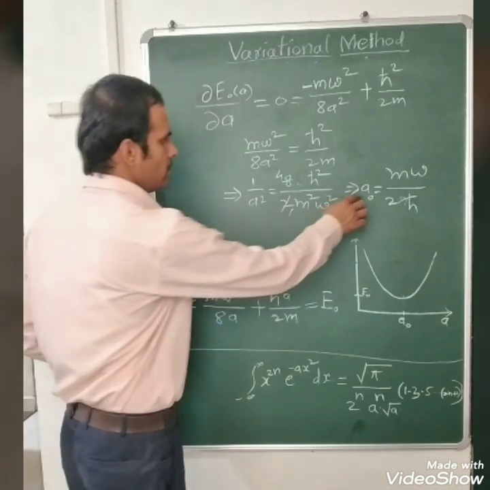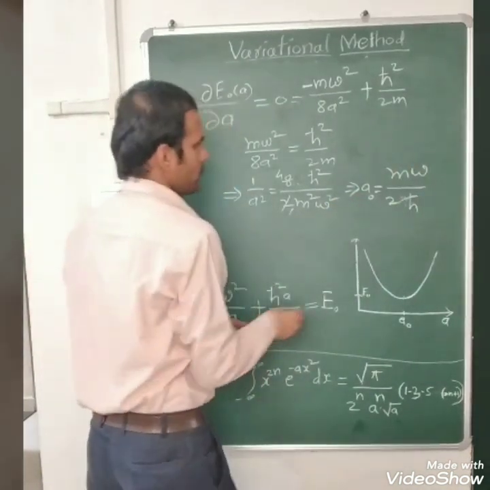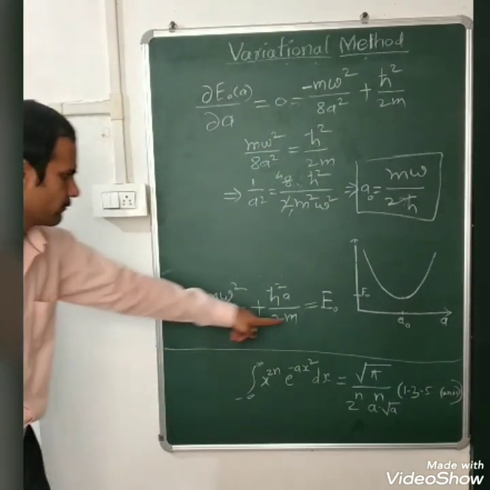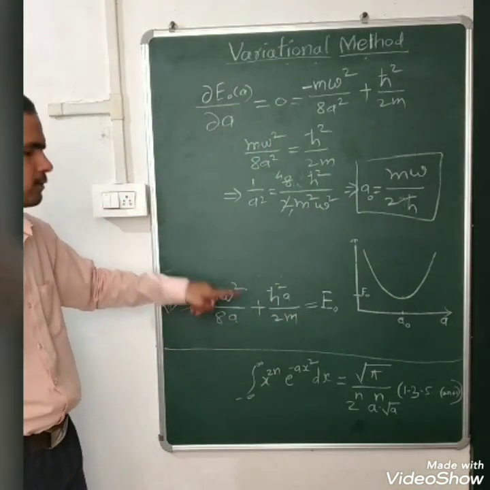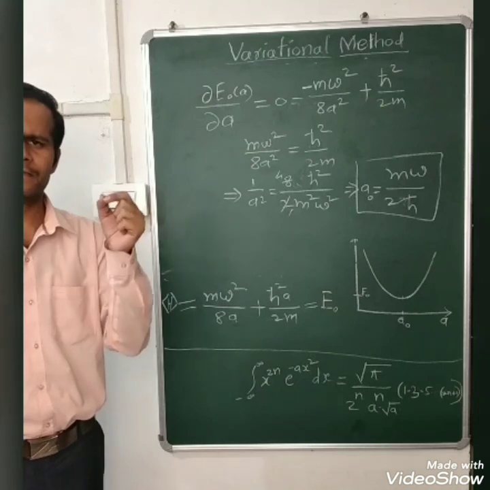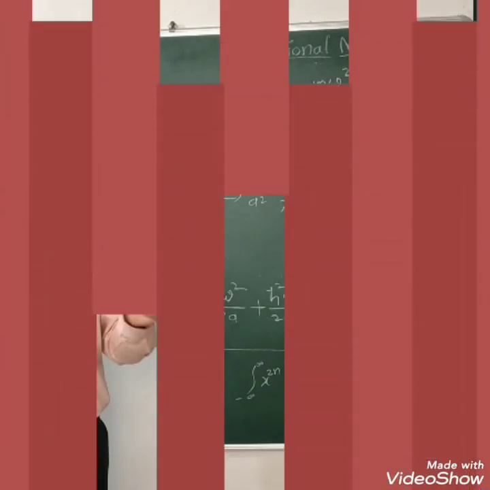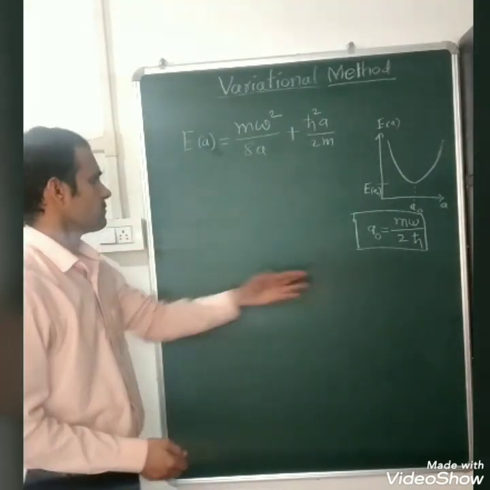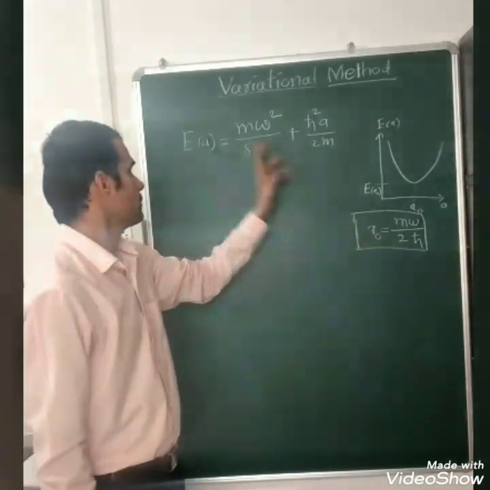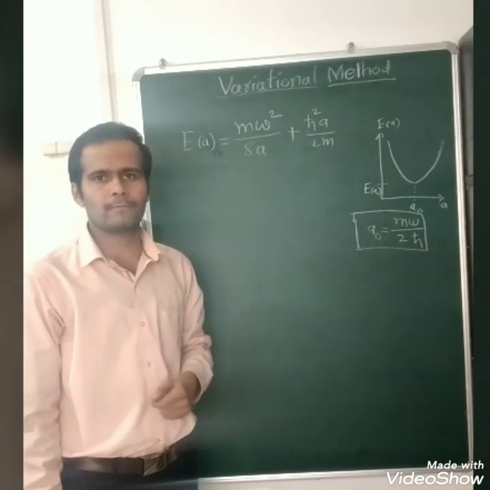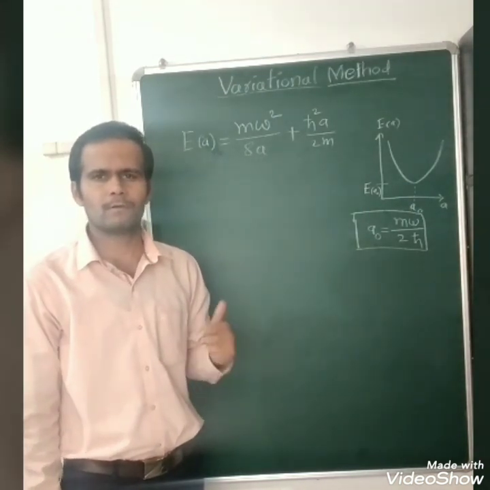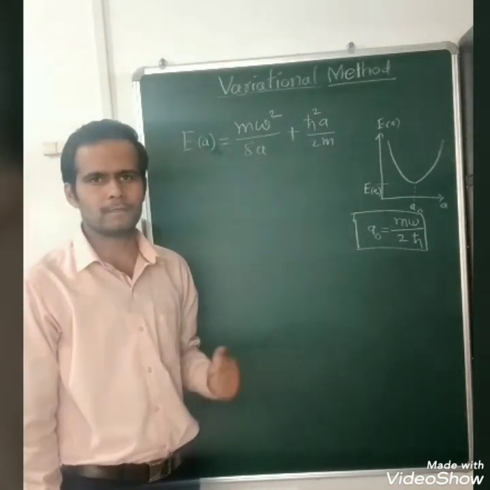Then if we substitute the value of A into our equation, we will directly get the ground state energy. Now finally we substitute the value of A0 into this E equation, which is the fourth and final step of the variational method.